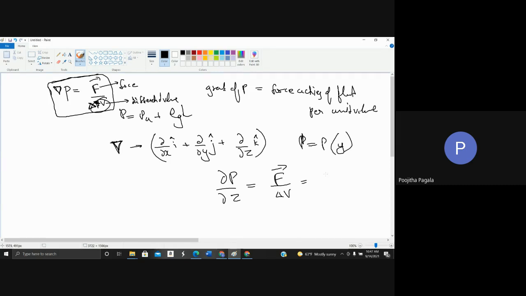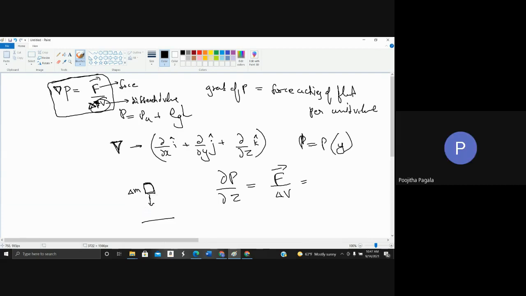So what is force? If I have a packet of fluid of mass delta M in a gravitational field, what is the force acting on the fluid due to gravity? MA.